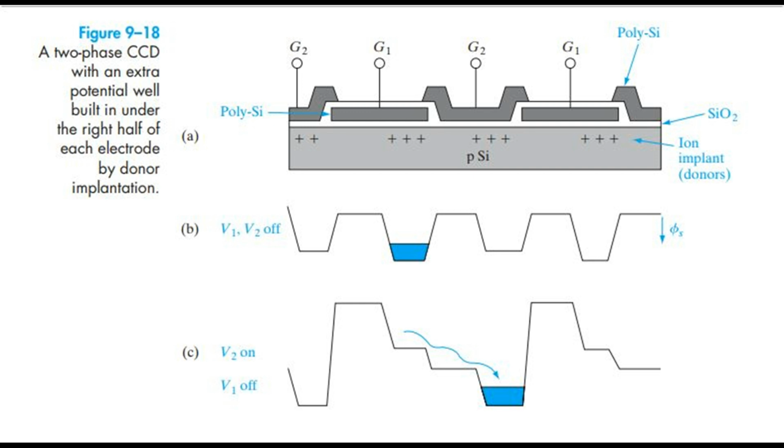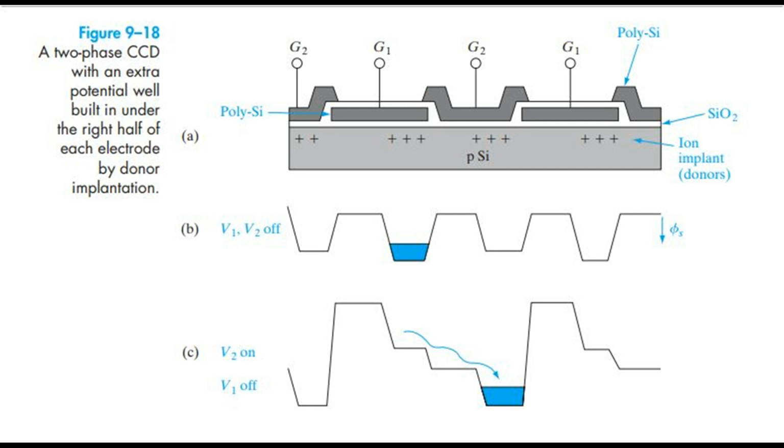Figure 9.18: a two-phase charge-coupled device with an extra potential well built in under the right half of each electrode by donor implantation. A two-level polysilicon gate structure is used, in which the gate electrodes overlap, and a donor implant near the silicon surface creates a built-in well under half of each electrode. When both gates are turned off, potential wells exist only under the implanted regions, and charge can be stored in any of these wells.